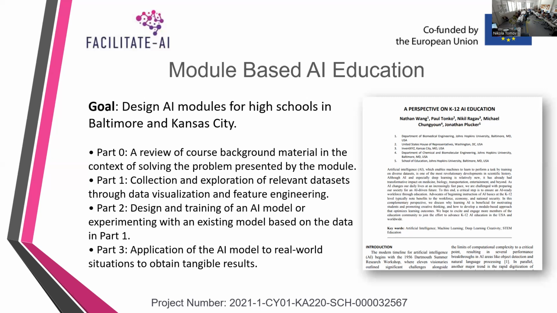And the thing is that you can have 4, let's say, parts. The first part is that you can review all of the background material in the context of solving the problem. Then you can collect and explore. Then you can design and train the model.